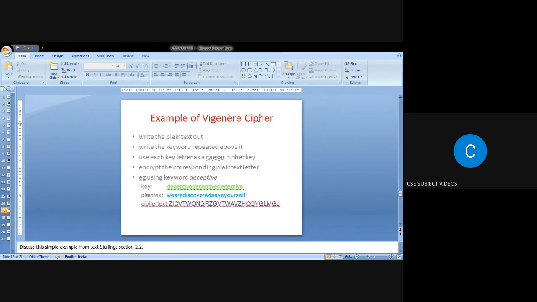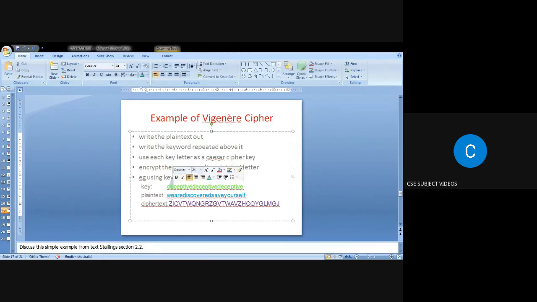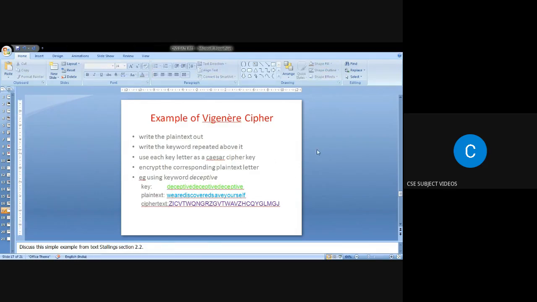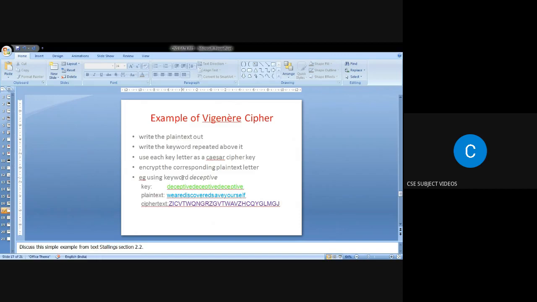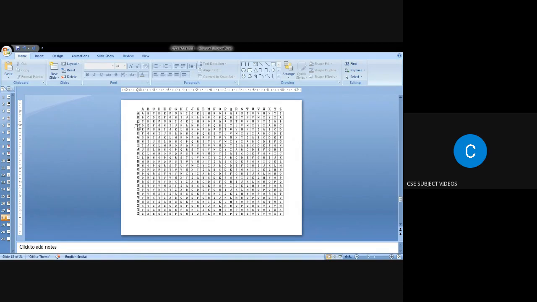Okay. Next, we go with E. Letter E from the key and letter E from the plain text: E row, E column, the letter is I. Is it clear? Next, C row and A column. What is it?